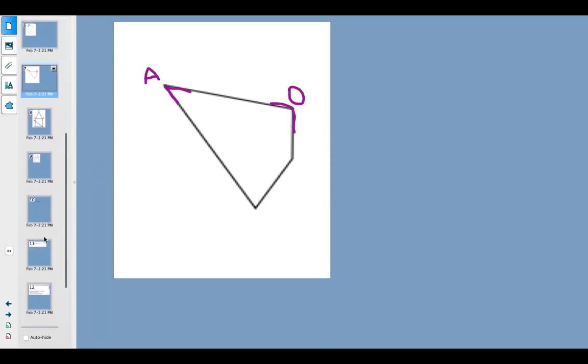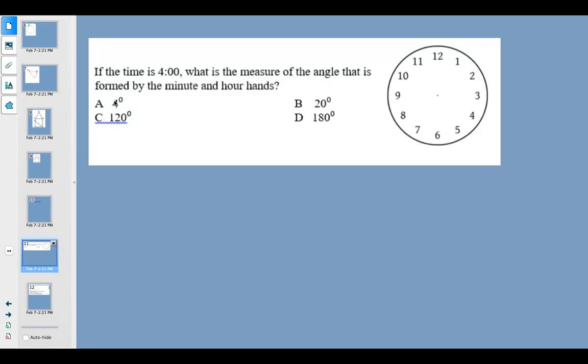So let's take a look at this question. It says, if the time is 4 o'clock, what is the measure of the angle formed by the minute and the hour hand? There's no minute and hour hand on the clock. So we would have to go in and draw a minute and an hour hand.